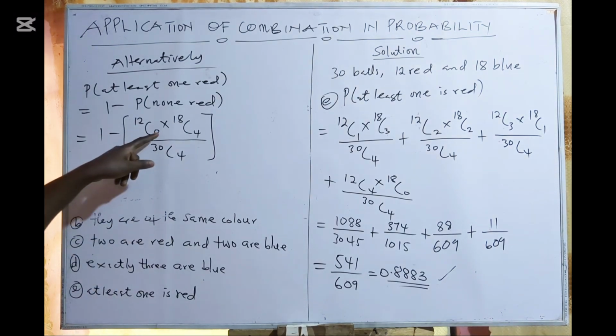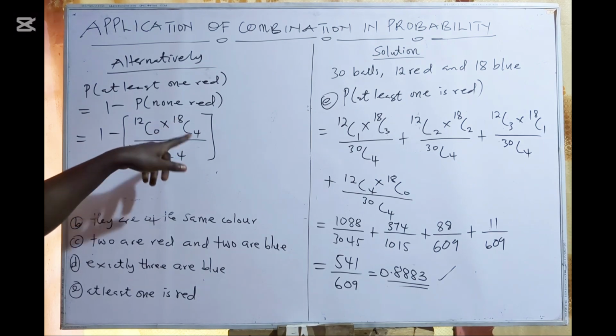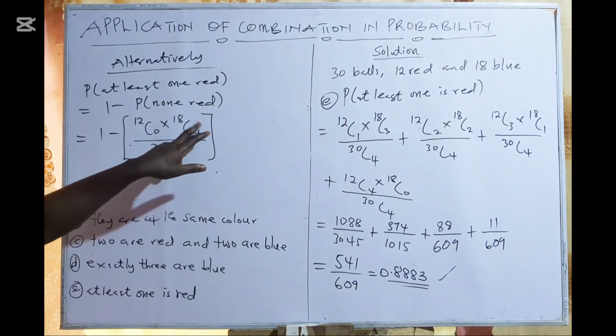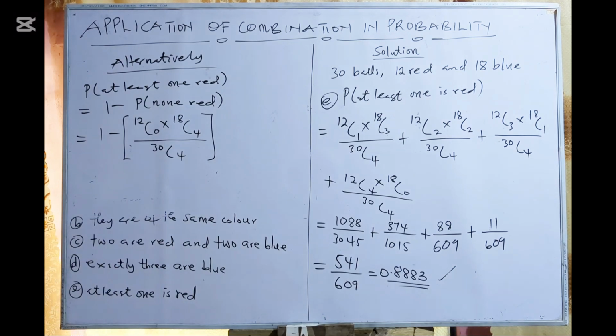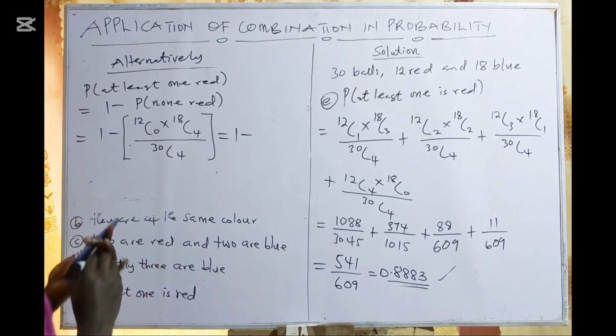It means that no red, and all the 18 blue, you select 4. So let's see the answer we are going to get. That will be 1 minus.